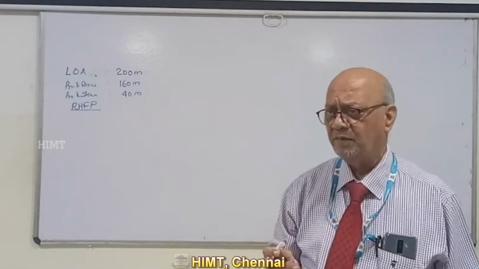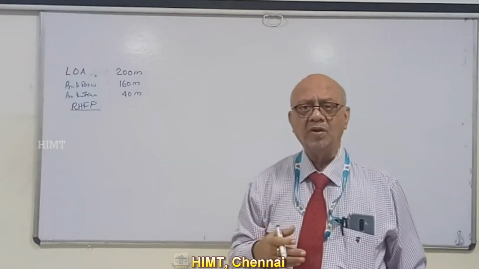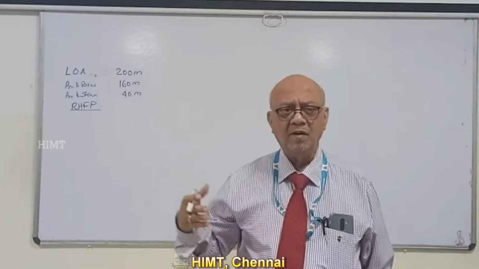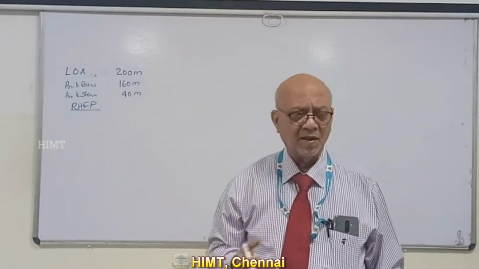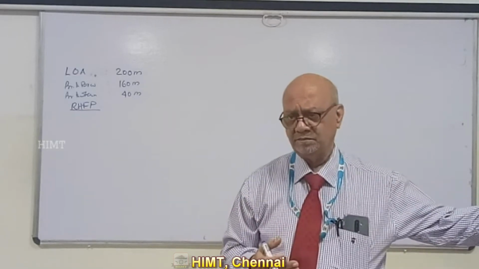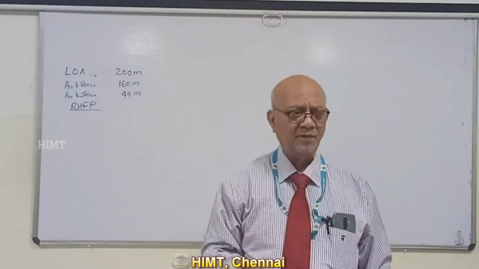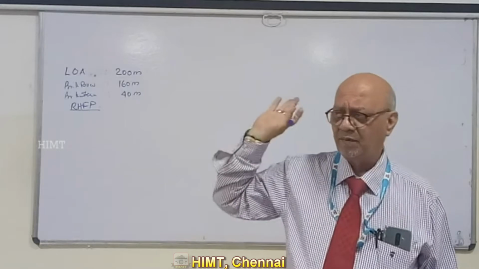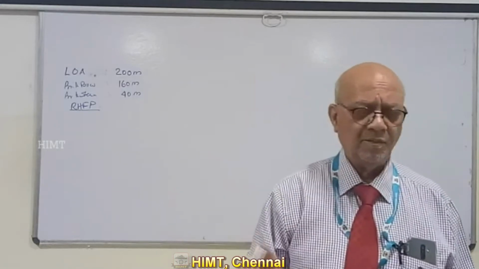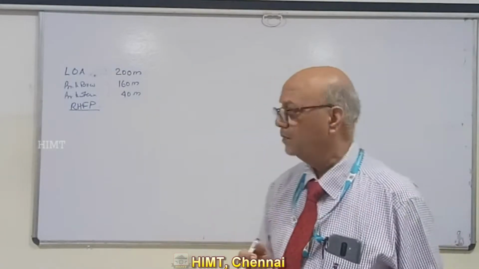So that means for this ship, while planning to drop my anchors, I should keep my berth on my port side. If I had a left-handed fixed pitch propeller, then probably I would have done it from the starboard, keeping the berth on my starboard side.